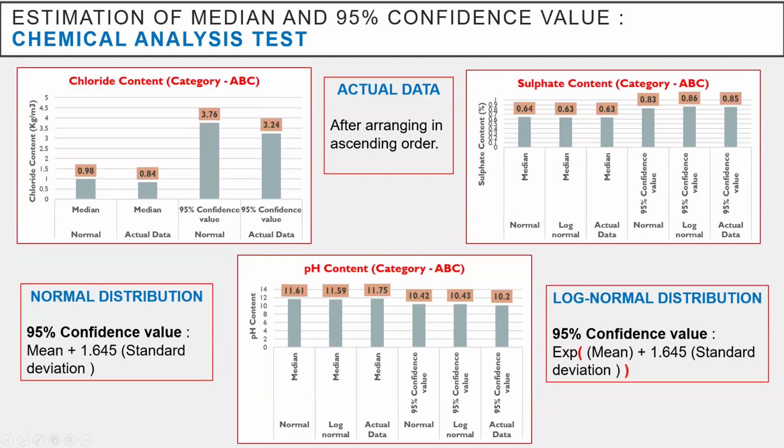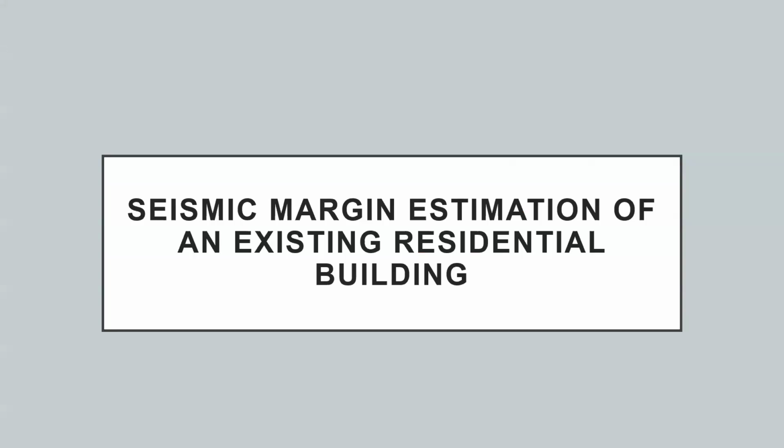Excellent matching has been observed between the experimentally observed and predicted values. This is what I have presented for the health assessment exercise for existing residential buildings. That was the first step, and the second step would be the structural assessment.